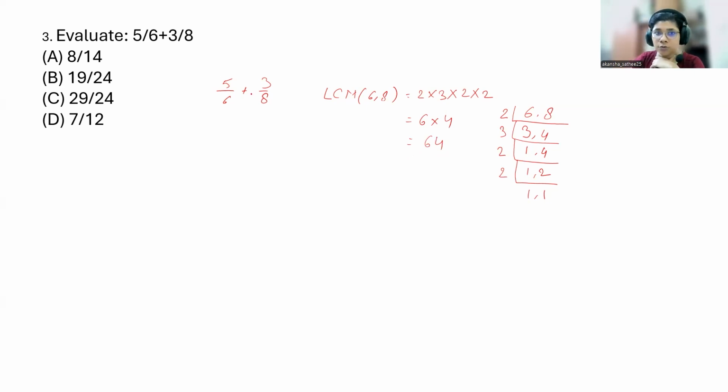Now what will you do? You have to somehow convert this 6 into 24. So you have to multiply by what so that it becomes 24? You just multiply numerator and denominator by 4. 6 into 4 is 24.